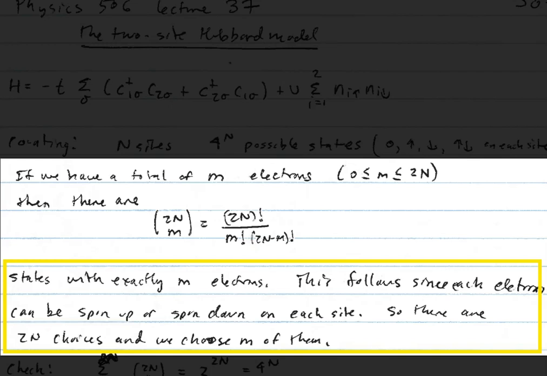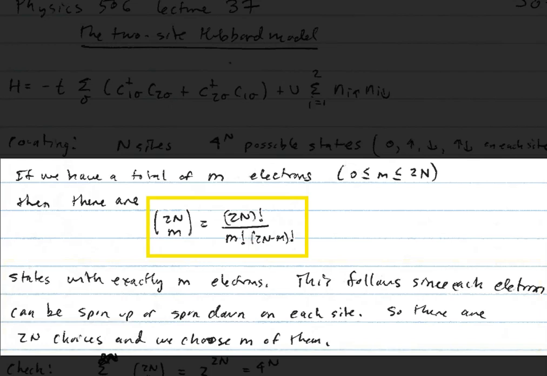And you can see there are 4 different spin orbitals. And I'm going to have to figure out how do I distribute the m electrons that I have amongst those 2N spin orbitals. And that's a simple combinatorial function, which is 2N choose m. And you can calculate that. That's 2N factorial divided by m factorial divided by (2N minus m) factorial. There are that many states that have m electrons. Okay, and I've already described to you precisely where that comes from.